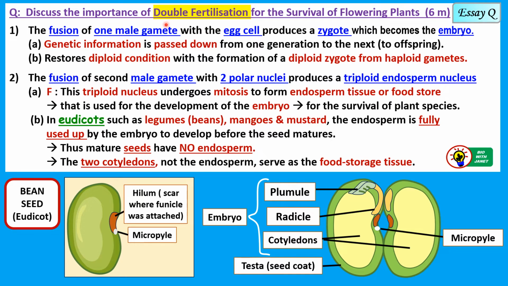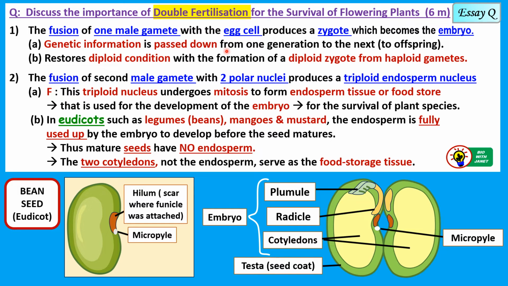Another important question. Discuss the importance of double fertilization for the survival of flowering plants. 6 marks. It can be an essay question. What is the importance of double fertilization to the flowering plants? How does it help them to survive?